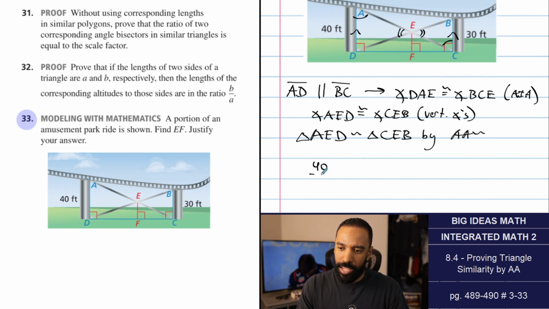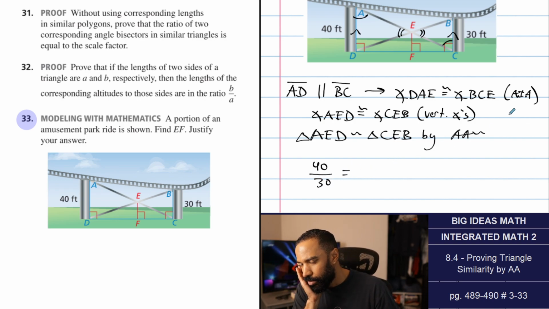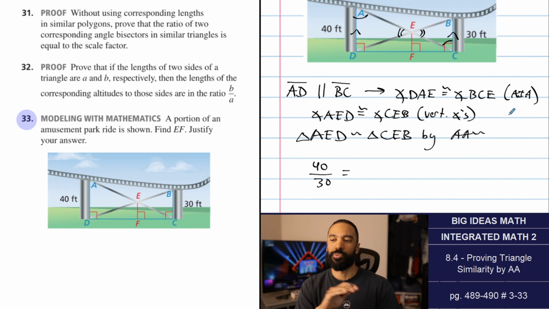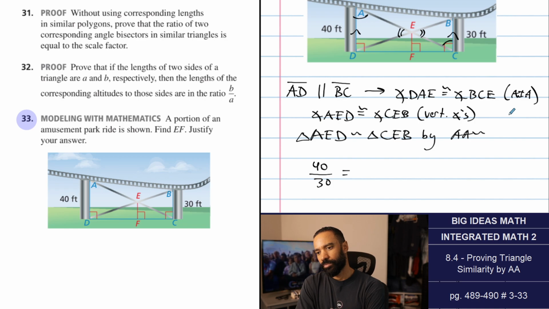Let's see. 40 is to 30 as... What does that have to do with EF, actually? I just assume it has to do with triangle similarity, and other ones aren't similar because of that. EF.